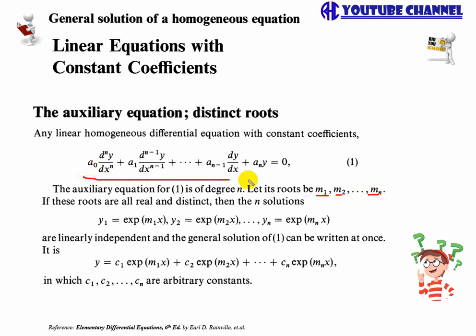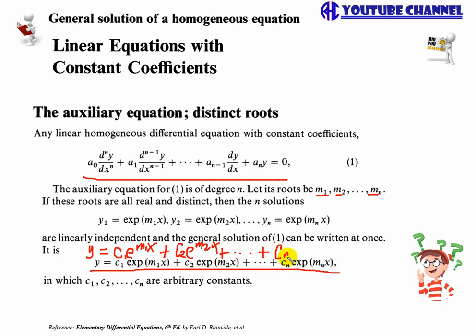So, from this given equation, we can write the general solution in this form. y is equals to C1 times e raised to m1x, plus yung pangalawa, c2 e raised to m2x, plus up to the arbitrary constant cn e raised to mnx. Okay, yun ang pagsulat ng general solution kapag in terms of distinct roots.